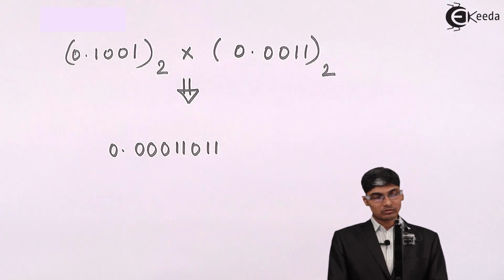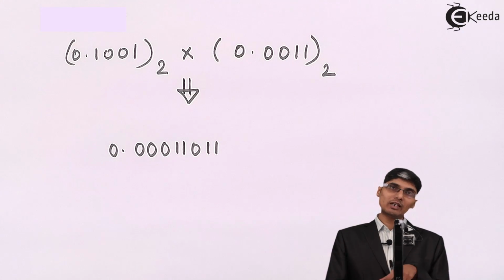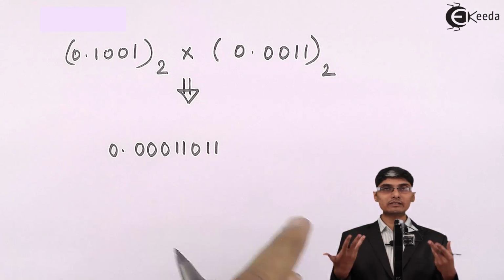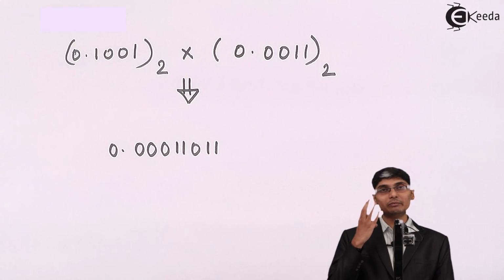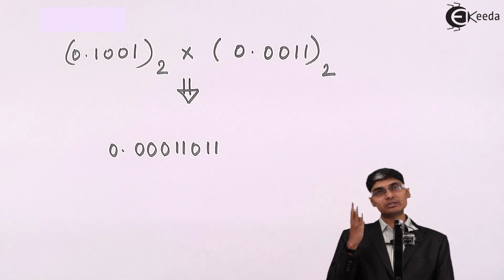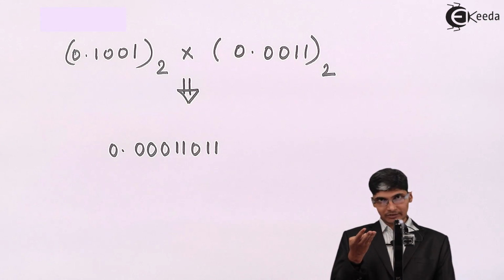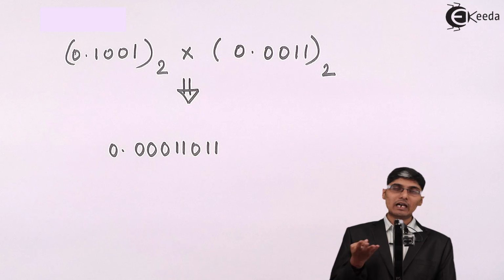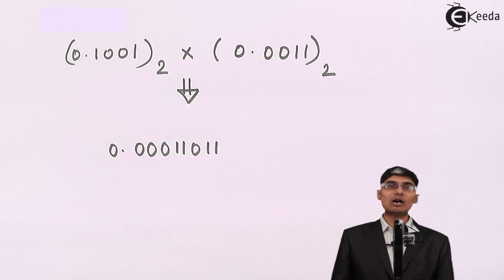Okay, so suppose the result also has to be saved, because I know that all the registers are programmed to have now how many bits? 4 bits. Okay, so if I am programmed to store that into 4 bits, then what is going to happen? Now I have an 8-bit number. How can I store an 8-bit number into a 4-bit number?